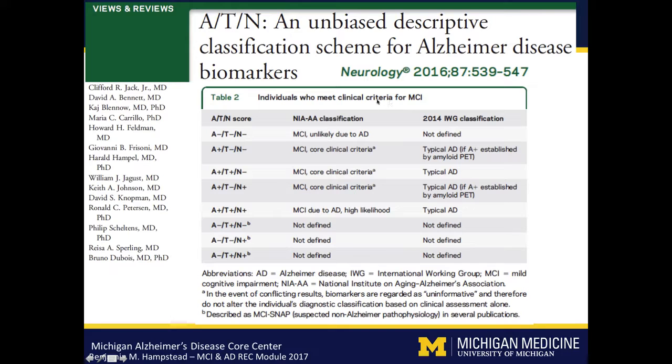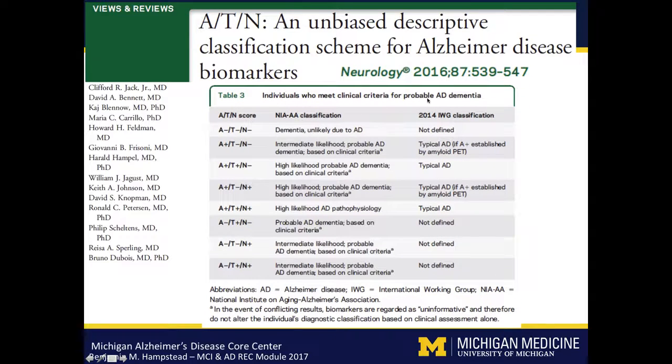There's also the criteria for those core clinical criteria for MCI and characterizing people the same way. And as we talked about just a minute ago, if somebody had cognitive symptoms but was biomarker free, then it would be MCI that's unlikely due to Alzheimer's disease. Whereas if it was amyloid positive, then certainly this could meet the core clinical criteria and be a typical AD presentation, and so on down the line here.